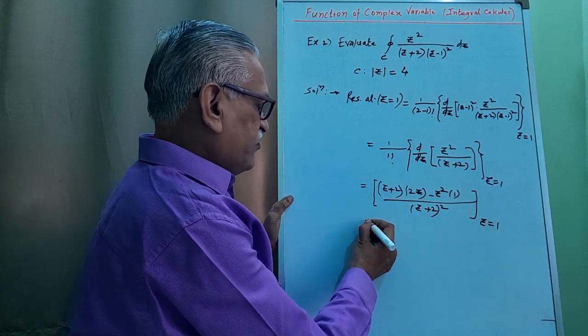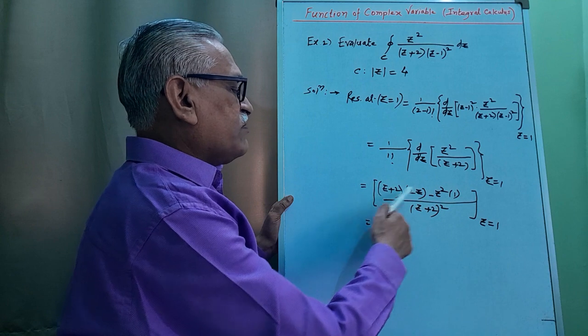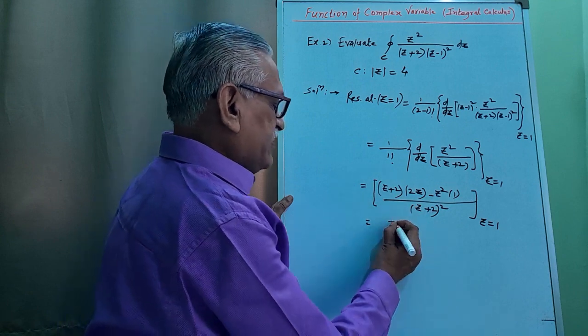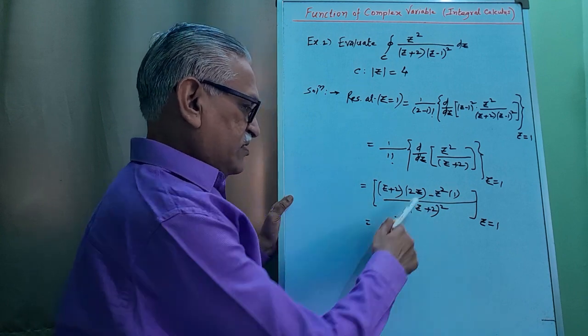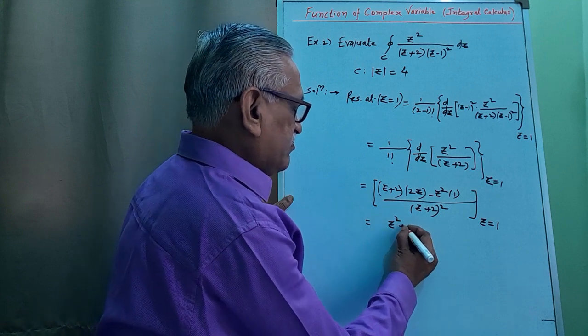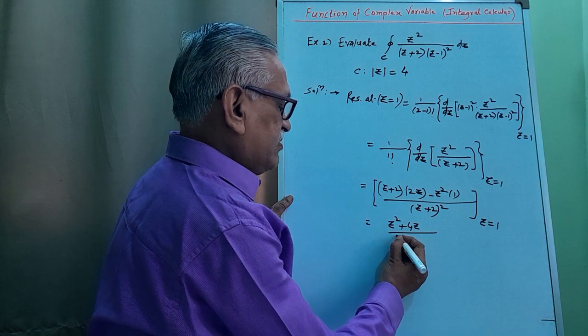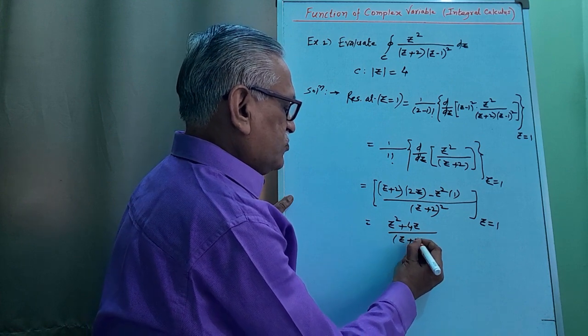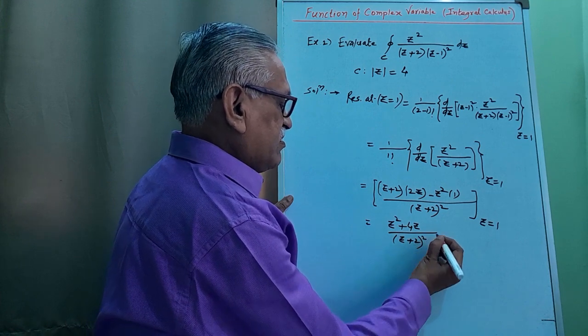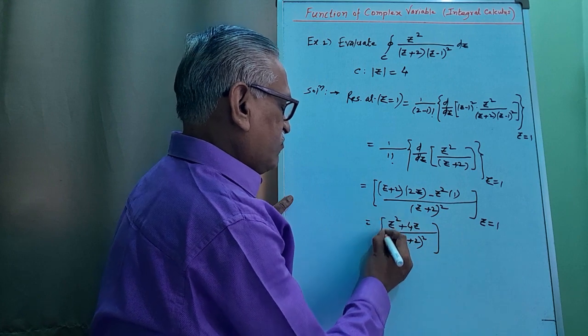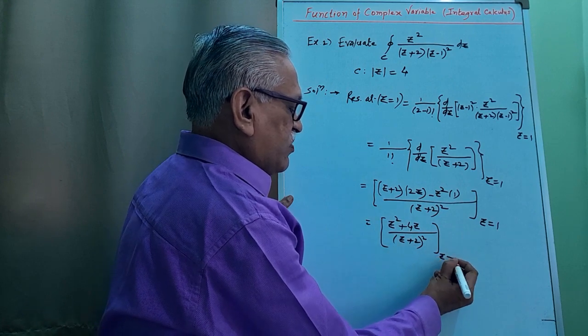And therefore, we get 2z square minus z square, remaining is z square plus 4z, whole divided by (z plus 2) bracket square, and this value at z is equals to 1.